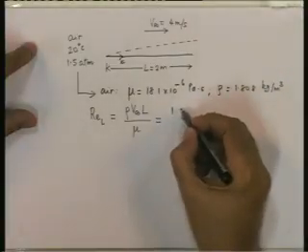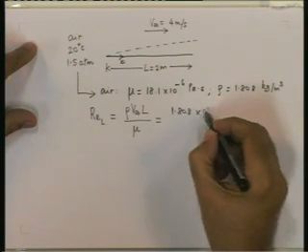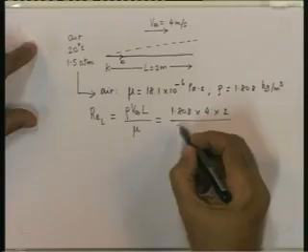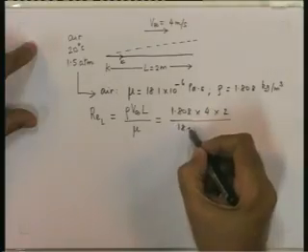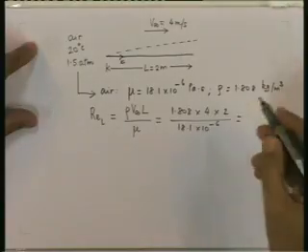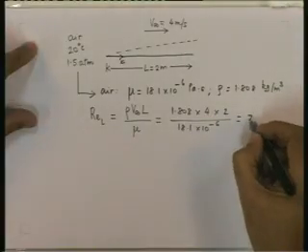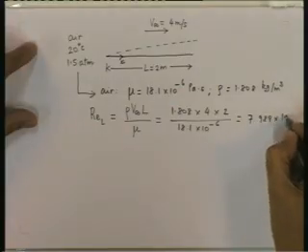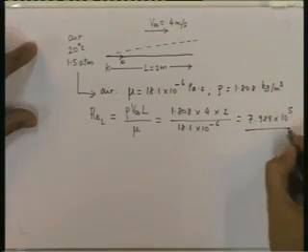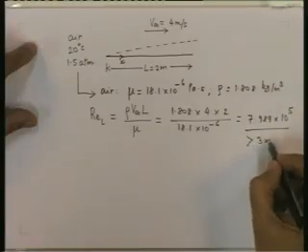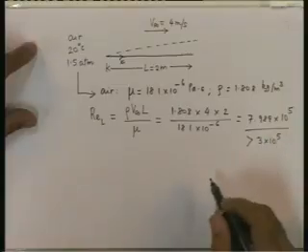This is 1.808 into 4 into 2 divided by 18.1 into 10 raised to minus 6, and this turns out to be 7.989 into 10 to the 5. Notice that this is greater than 3 into 10 to the 5.